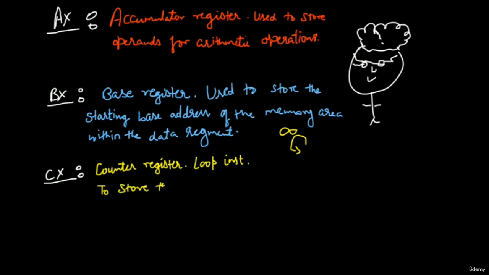So next time you write a for loop, do while loop, or while loop, whichever loop you are using for your programming purpose, remember that inside the processor, CX is taking care of it. But you should think a little like an older version of yourself, because we are talking about the 8086. But surely in our modern computers too, there is a register to deal with the loop instruction.